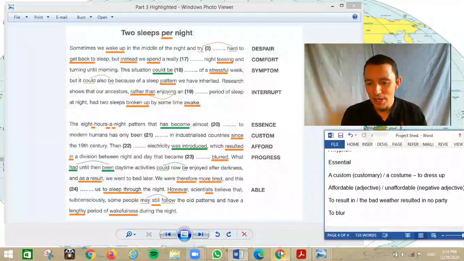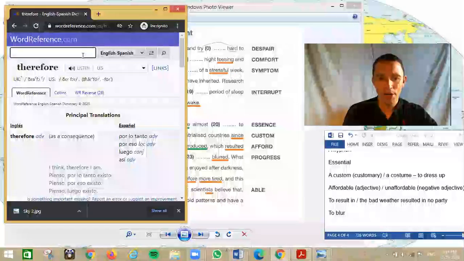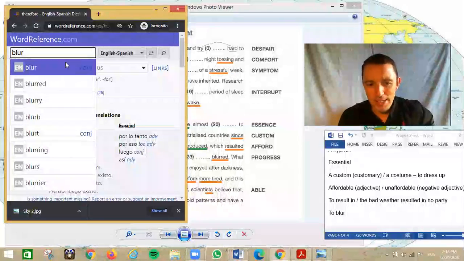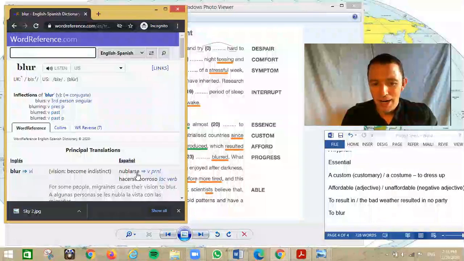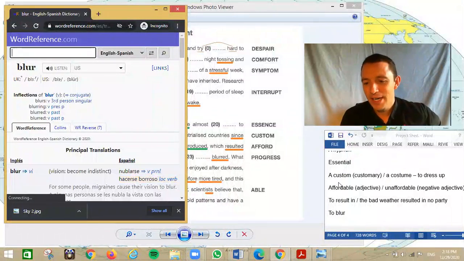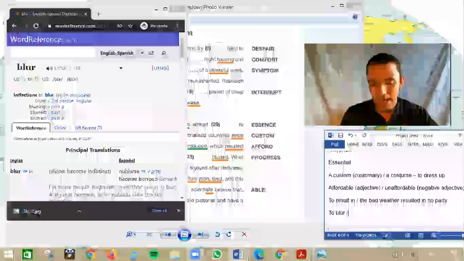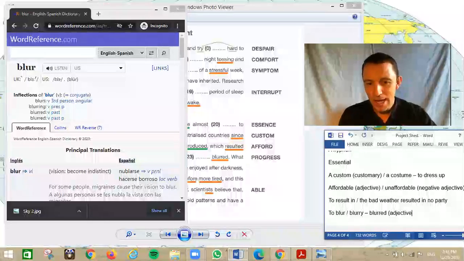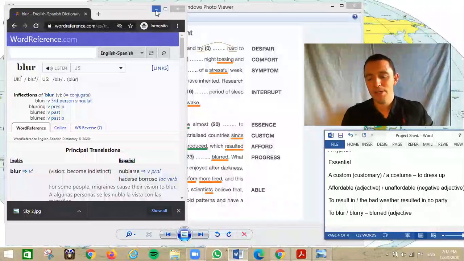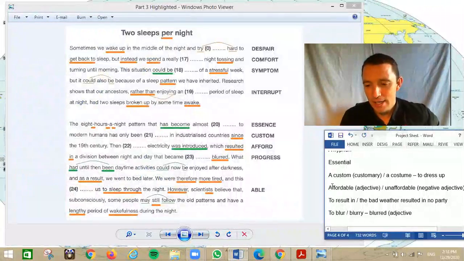And in Spanish, I'm going to show you the translation for blur. So it is a verb and it is a substantive. And here, blur in Spanish is nublarse. Similar in English to cloud, cloudy, okay? So blurry and blurred, I think, are two adjectives that are very possible as well. And here it is an adjective, okay?